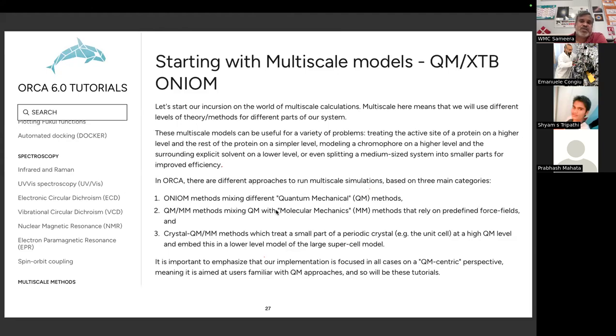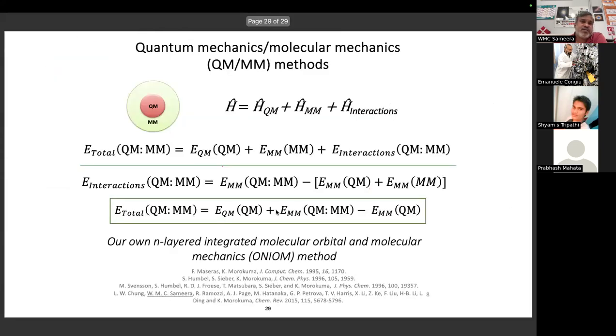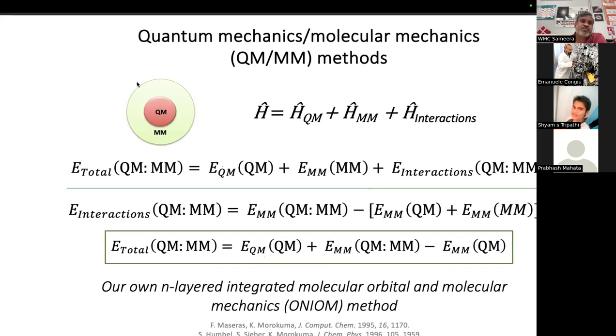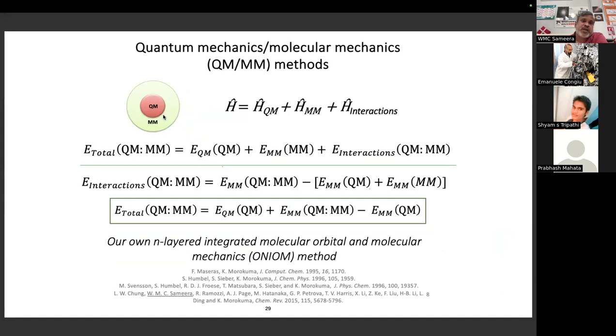So this is how we do that basically. If you have a large molecular system, you can describe the electronically important part using a quantum mechanical method, and then you can use the remaining part as molecular mechanics or a relatively cheaper method. In the tutorial we are using the XTB method instead of molecular mechanics.